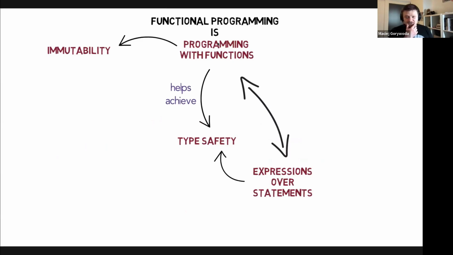This small graph that I'm working on here is to show how different elements of functional programming help each other, and it's better to use them all together instead of just one separately from one another. So yeah, expressions over statements, that's basically the same as using functions for type safety, but also the two are very well connected.